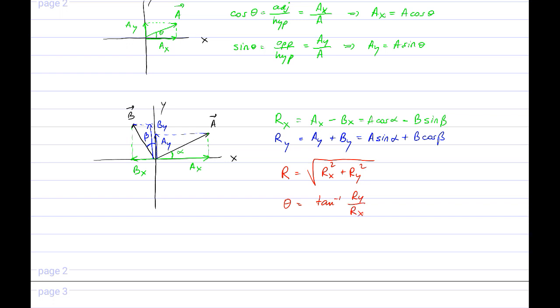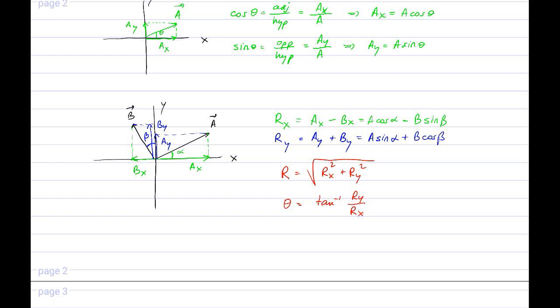So if this is the opposite and this is the adjacent, tangent is opposite over adjacent. So we would solve for an angle that is with respect to the x-axis. So that's basically how you add vectors together.